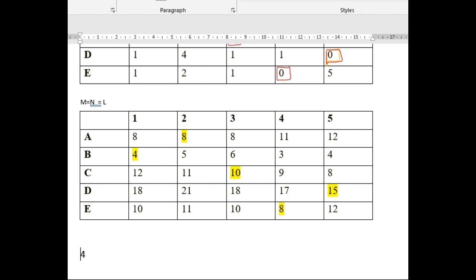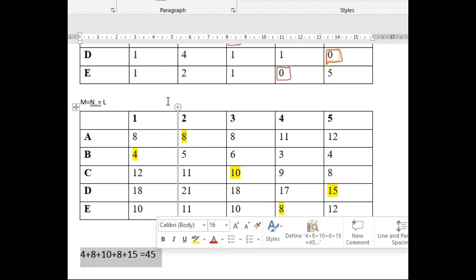So here I'm going to add 4 plus 8 plus 10 plus 8 plus 15. After adding all, your final answer is over here, 45. So 45 is your assignment. Okay, up to that we have to do. So it is very simple.